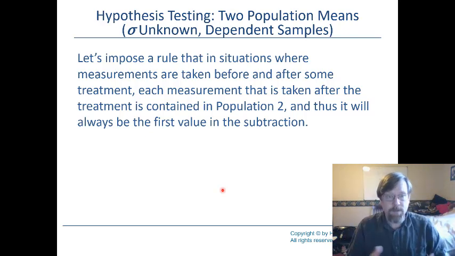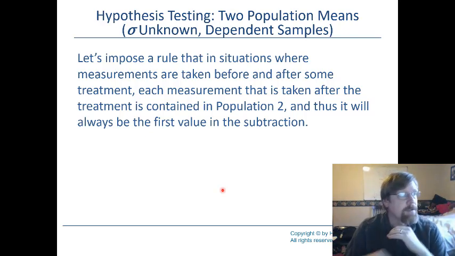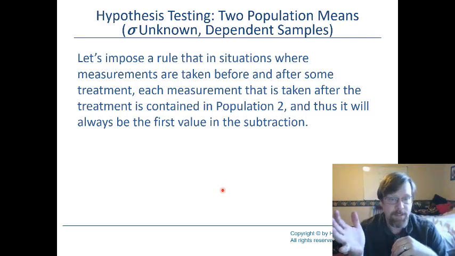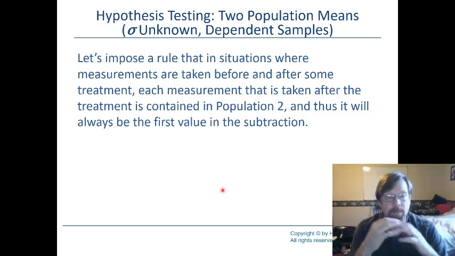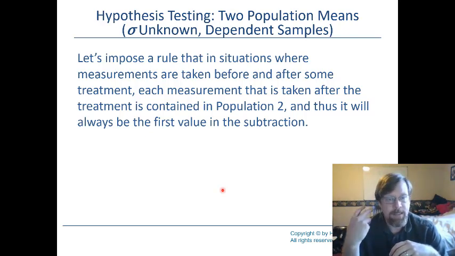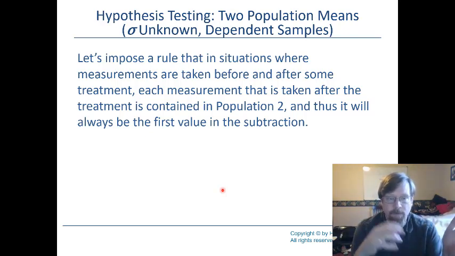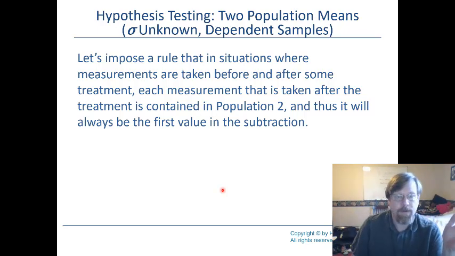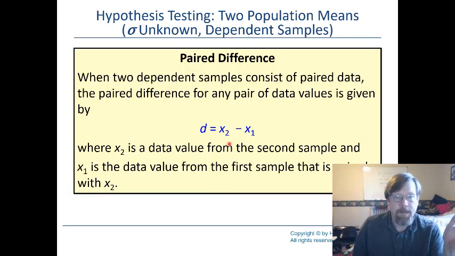So the usual convention is to use whatever the post-treatment group is as population 2. So, this would be the post-test. It would be after taking the diet pill. It would be whatever it is after the treatment. So you're subtracting off the before from the after. Right? So there it is.